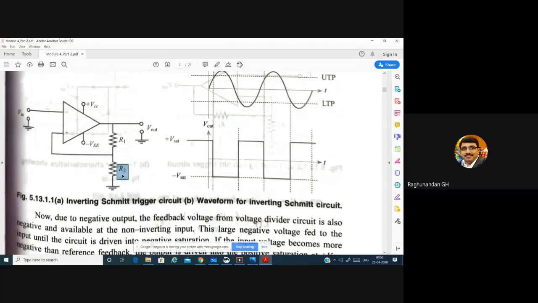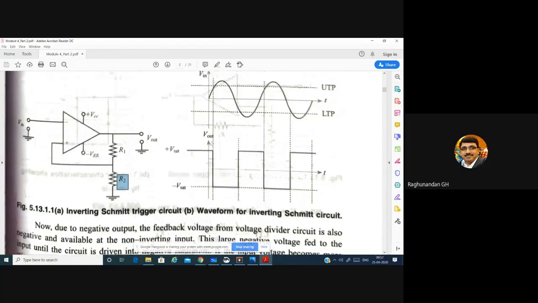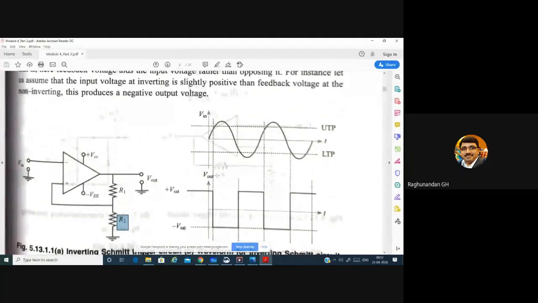So in order to find the voltage across R2, we apply the voltage divider rule. You know the output can swing at maximum either to plus V saturation or minus V saturation. Plus V saturation means plus VCC, and minus V saturation means minus VEE.